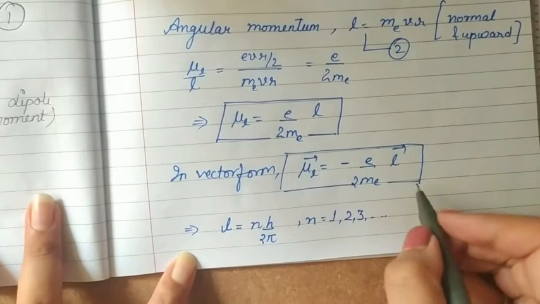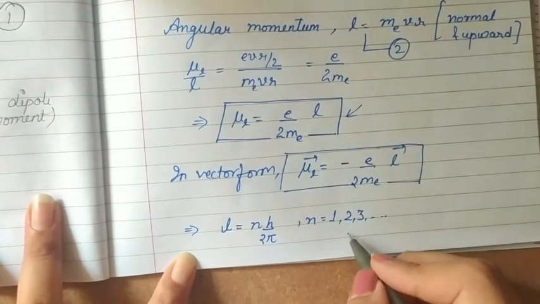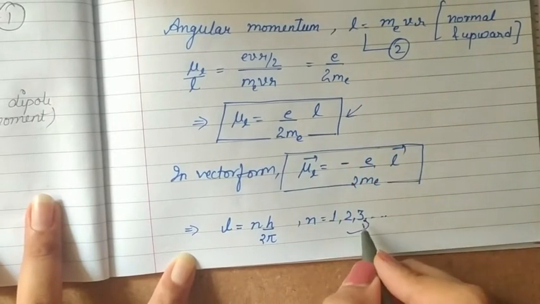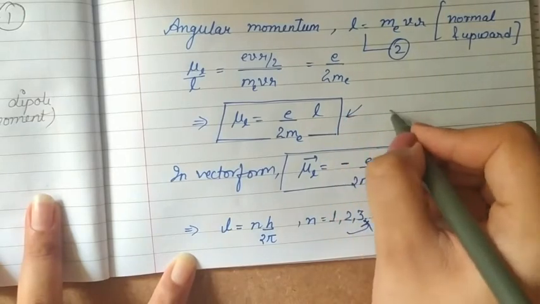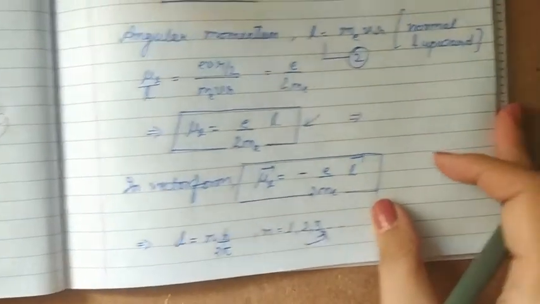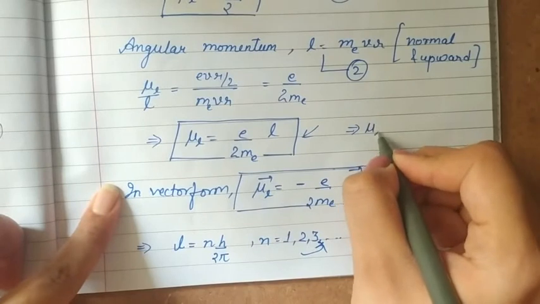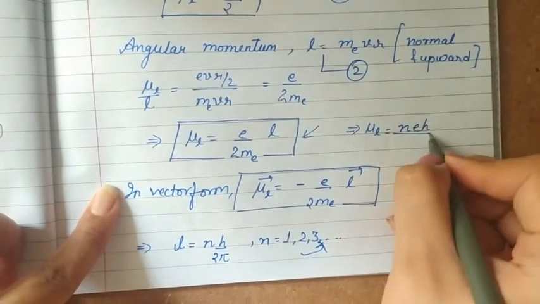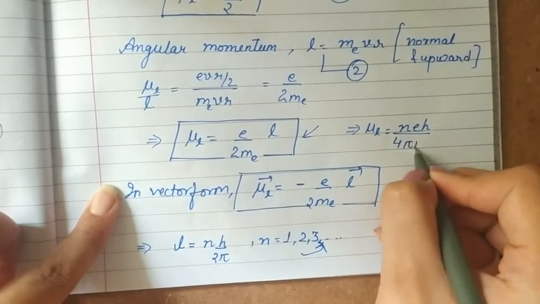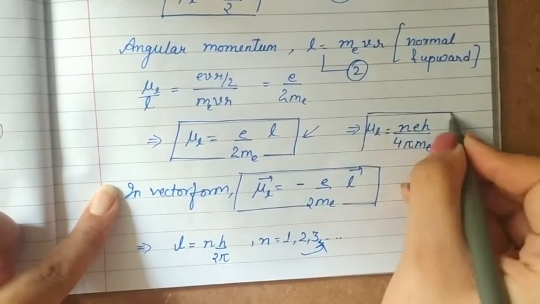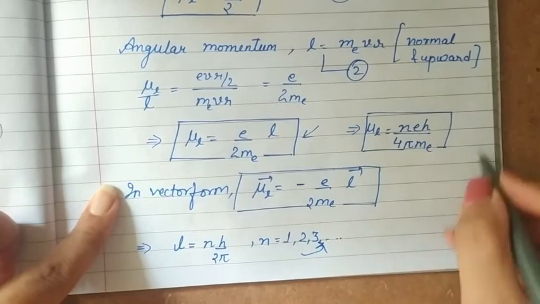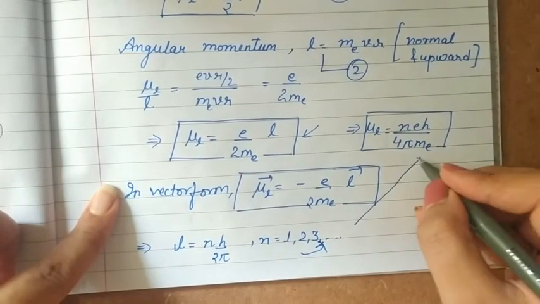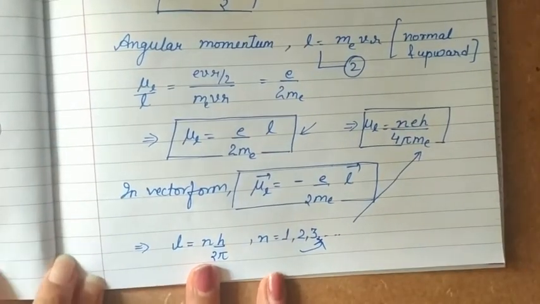So we can write this equation by substituting these values as mu L is equal to n e h upon 4 pi m e, using Bohr quantization condition.